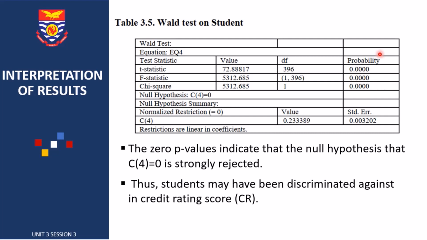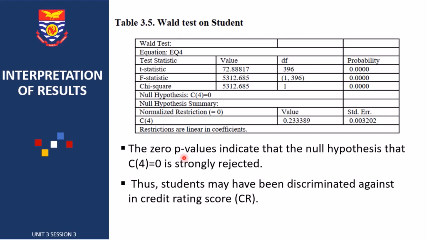Given that we have a p-value of 0.000 for both the t statistic and the other statistics, we can conclude that the parameter beta 4, which estimates how your status as a student contributes to your creditworthiness, has significantly been discriminated against.